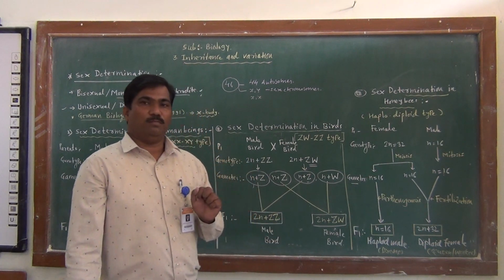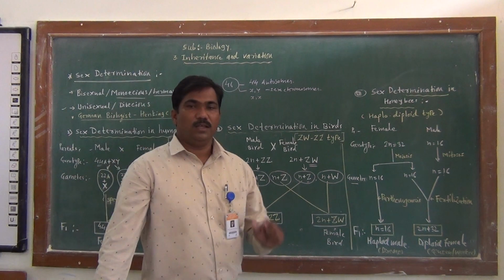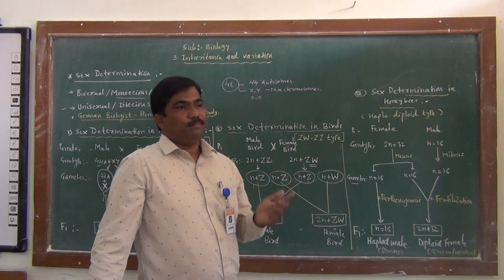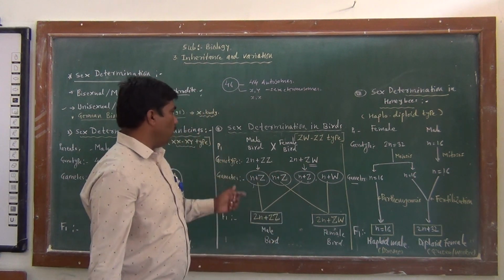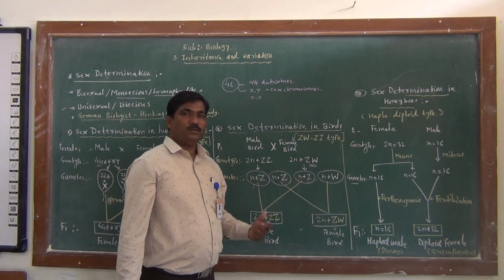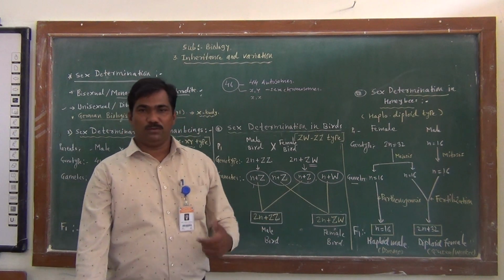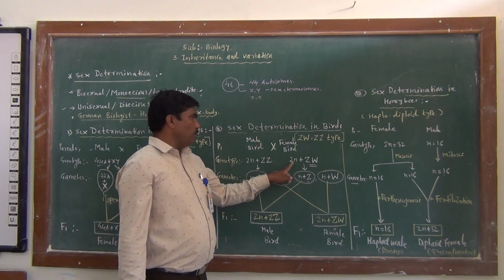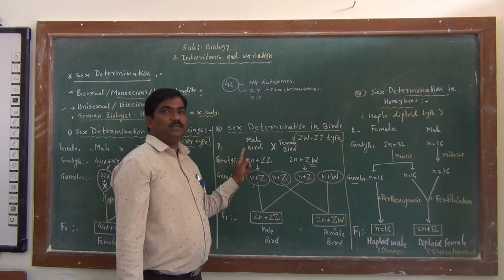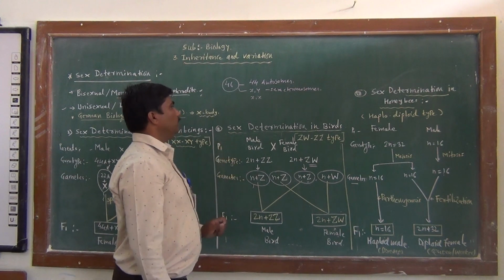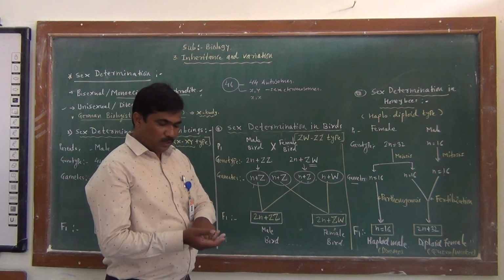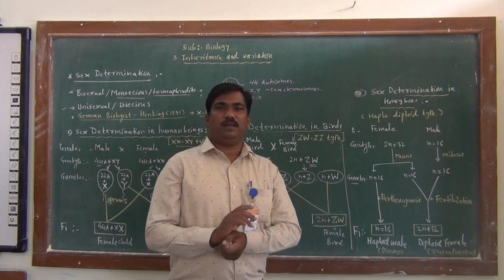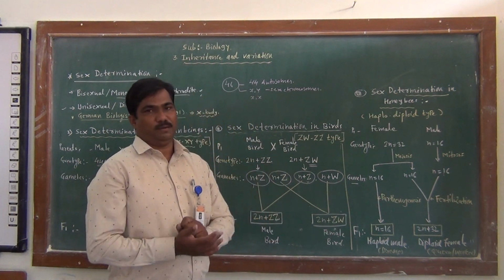In case of birds, the sex of an individual depends on the type of egg fertilized by the sperm. All sperms are similar, but there are two different types of eggs formed. So female is heterogametic and male is homogametic in birds.